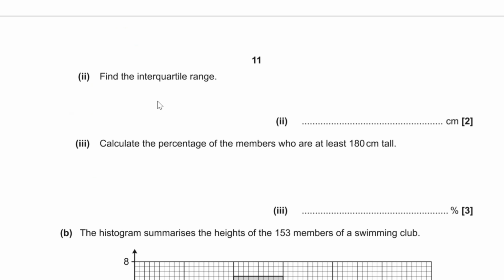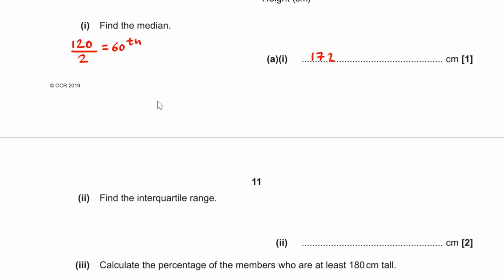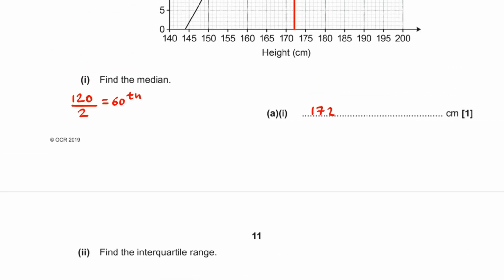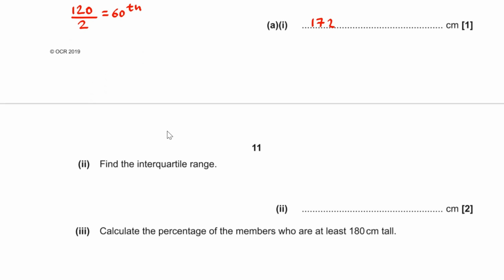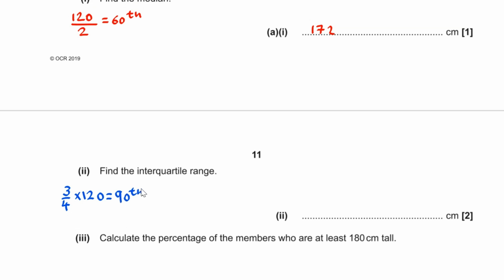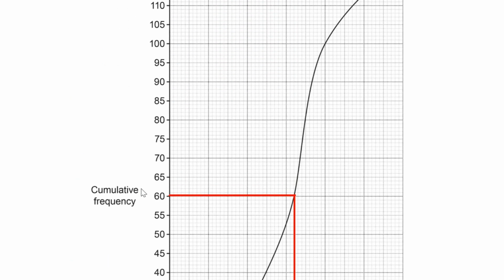For the next part, we have to find the interquartile range. Well, for the upper quartile, we've got 3/4 of 120, which is equal to 90. So for the 90th value, if we go up to 90, that is over here.